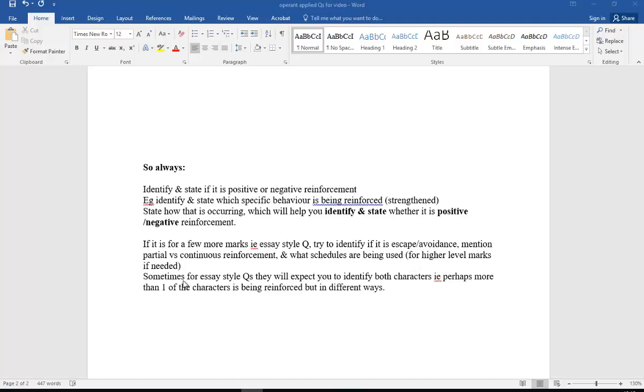Obviously, if you need even more marks, I would say look at both characters that they mention. There's usually two characters. So in these cases, it's the teacher and the student. So for more marks, both of the characters are probably going to be reinforced in their different ways. Think about how the teacher could be reinforced, for example.